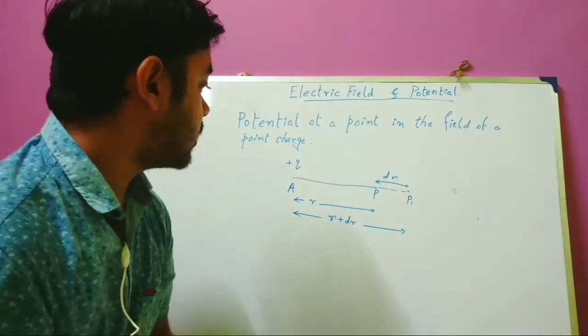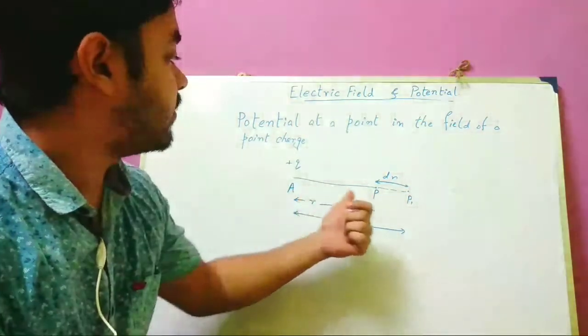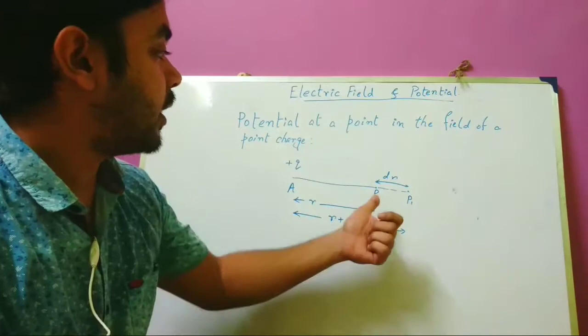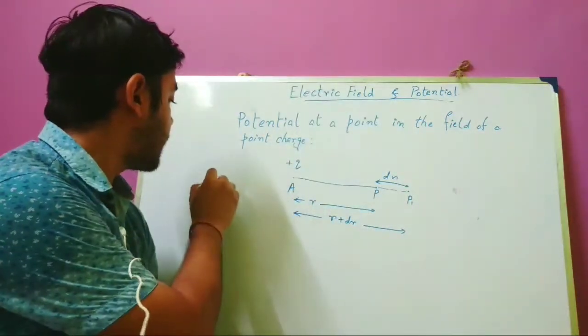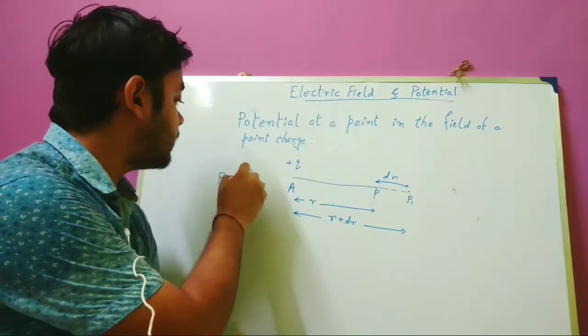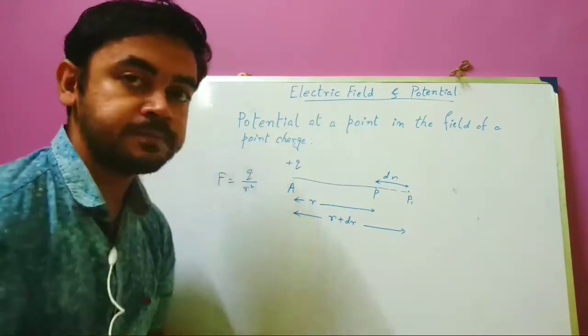Now the electric field intensity at the point P due to the plus Q charge is given by E equal to Q by R square.